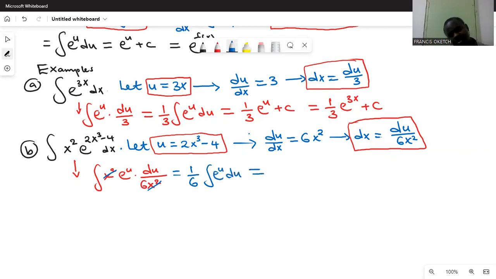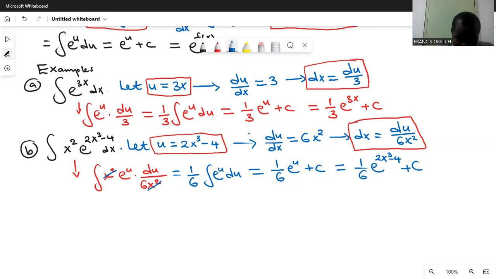And if you integrate, you get 1 over 6 exponential u. Then there's a constant c of integration. So that if I replace u, my answer will now be 1 over 6 exponential. Instead of u, I'm going to write 2x cubed minus 4. Then there's a constant c of integration.